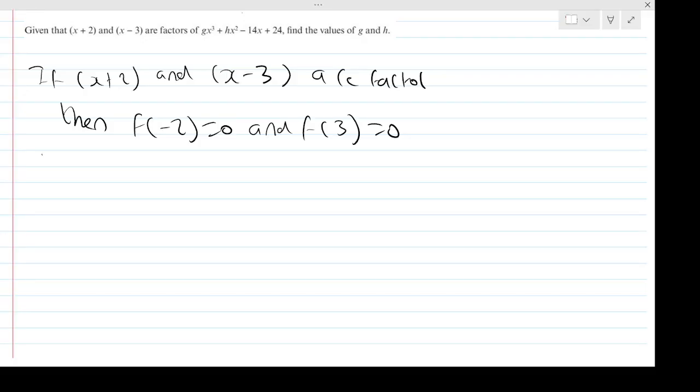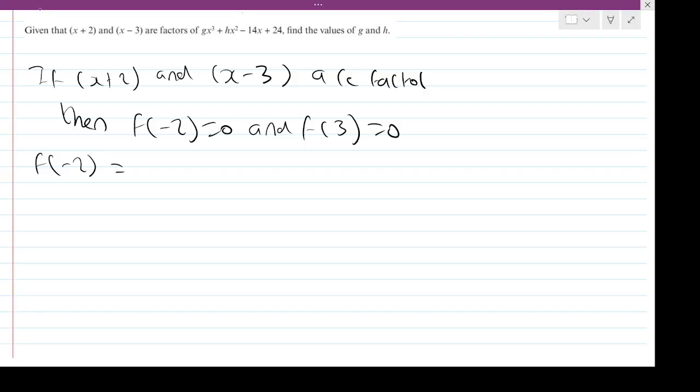So firstly, f of minus 2. If I plug in minus 2 here, my g x cubed would be g lots of minus 2 cubed, plus h x squared would be h lots of minus 2 squared, minus 14 lots of minus 2, plus 24.